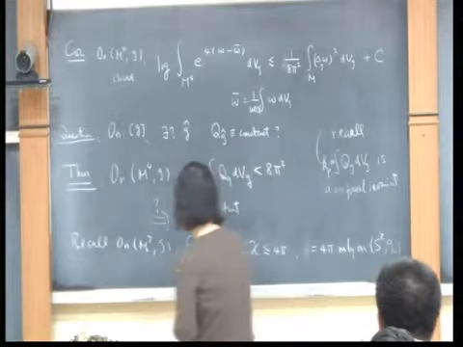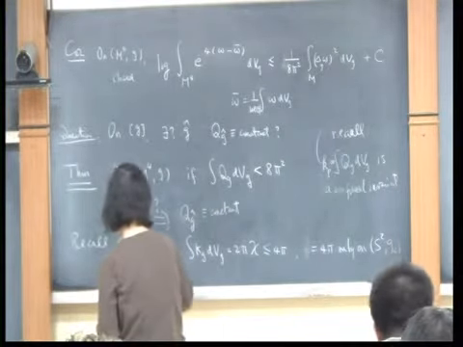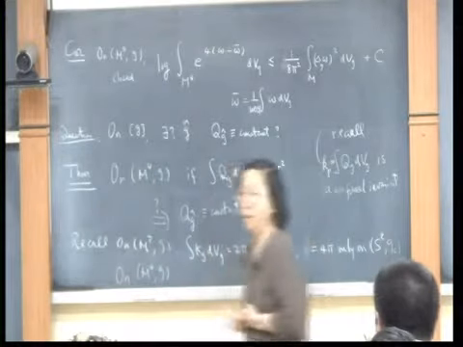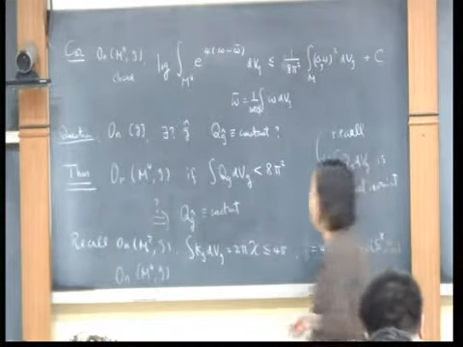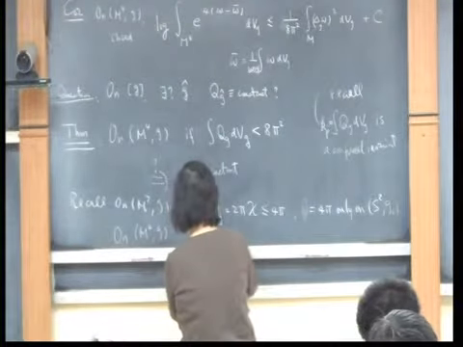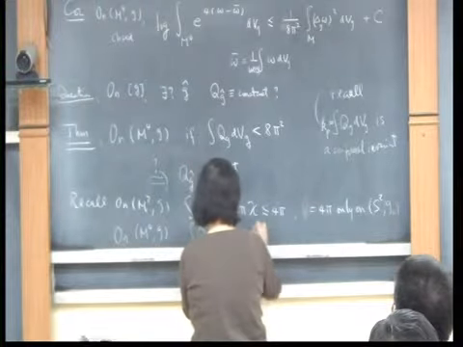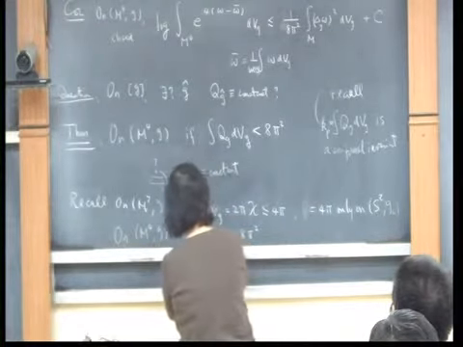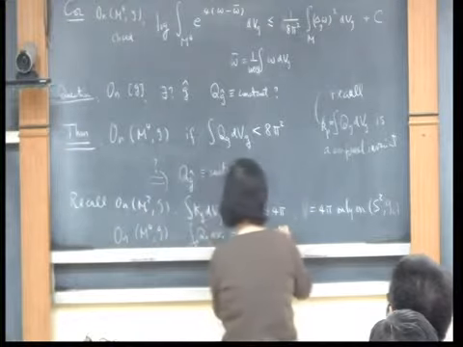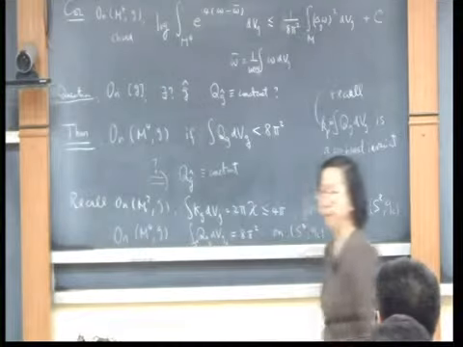But if it's on (M4, g), it turns out that this quantity, the integral of Qg dVg, is indeed equal to 8 pi squared on the canonical metric on S4. Okay.